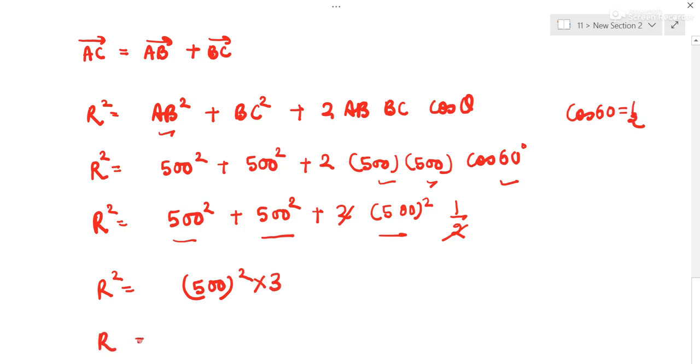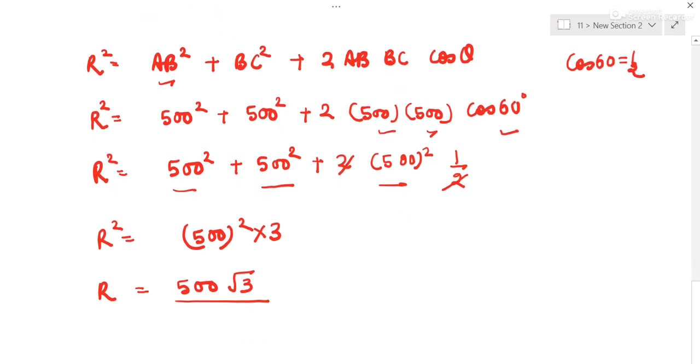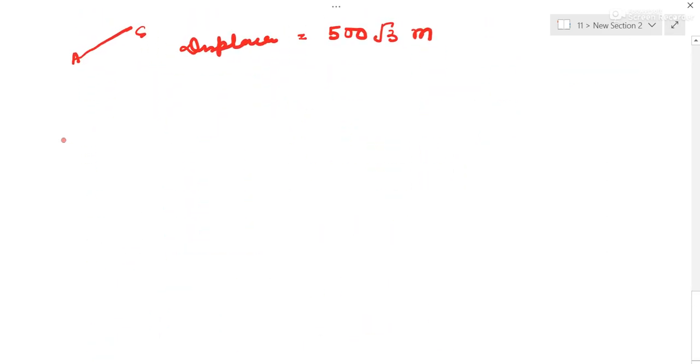Okay, so r is equal to 500 root 3. So this is your resultant and this is your AC. AC is this. That is the displacement. So displacement is 500 root 3 meters for the 8th turn. But now we have to do it for the third turn also. So let us see for the third turn.